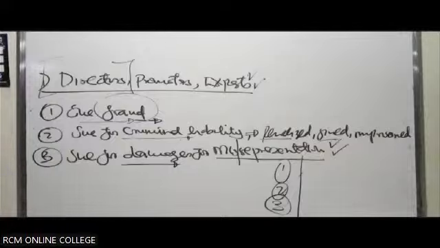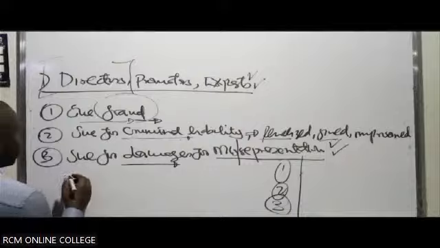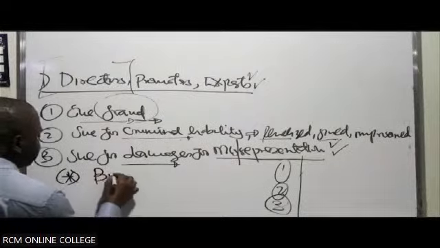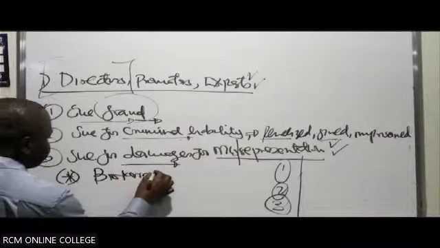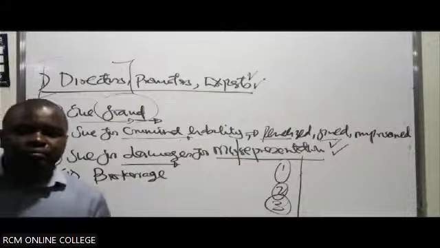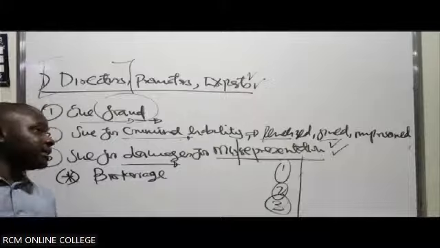So when shares are being issued, there's something we call brokerage. Sometimes you can end up involving parties to support or assist you in selling the shares. We call them stockbrokers. They facilitate by getting clients for you.